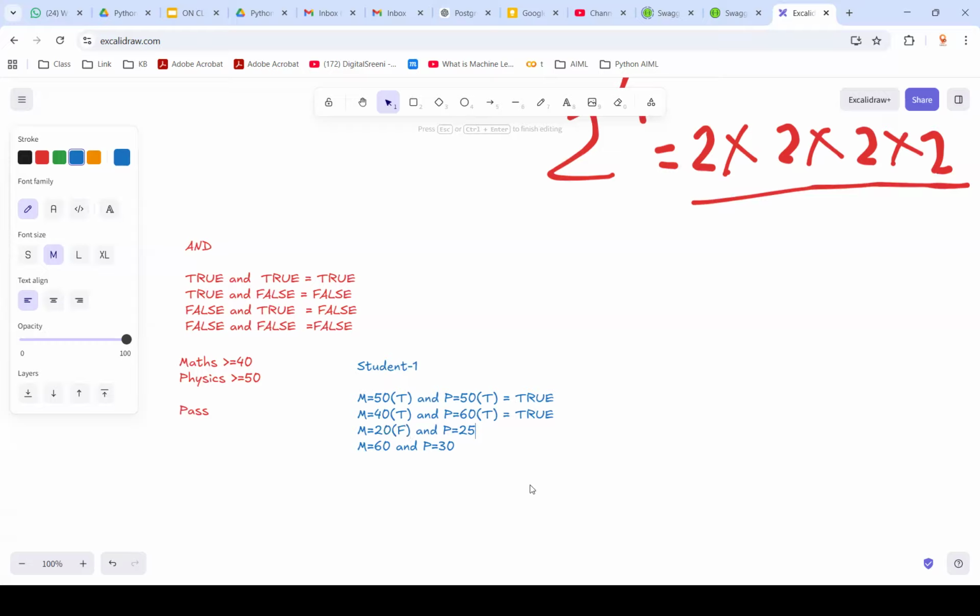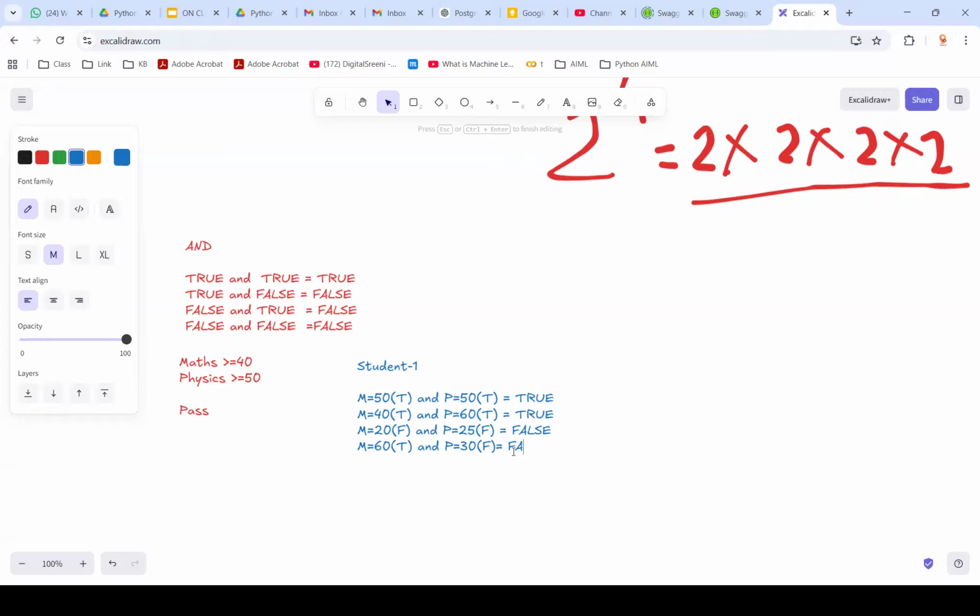P is equal to 25. This is also false. So false and false, the overall answer will be false. M is equal to 60, true. P is equal to 30, false. Then true and false, the overall answer will be what?